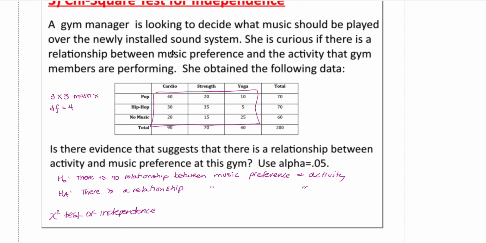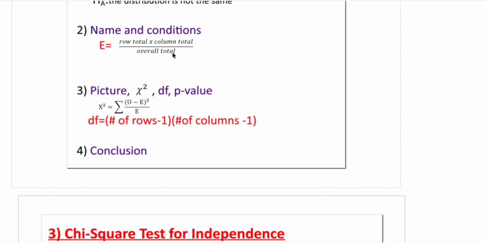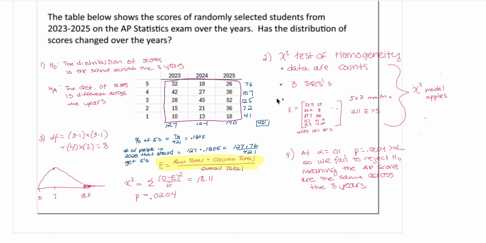And last is checking the expected value is greater than 5, or at least 80% of them are greater than 5. So, for example, remember the example we've been doing right here, the matrix stuff. If one of the columns didn't show all of the values greater than 5, it's fine, because as long as most of the data are greater than 5, if we only have 1 or 2 values not greater than 5, it's okay.